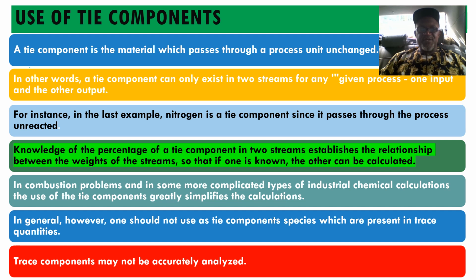Use of tie component. A tie component is a material which passes through a process unit unchanged. It doesn't get involved in the reaction. In other words, a tie component can only exist in 2 streams, one input and the other output, because it cannot go into accumulation or generation. It is not part of the reaction.